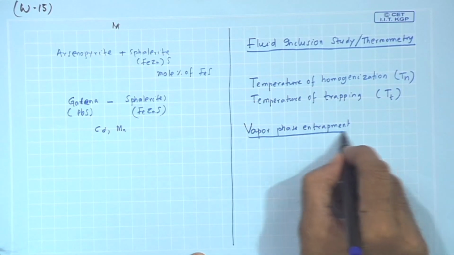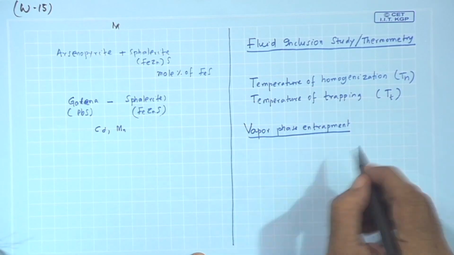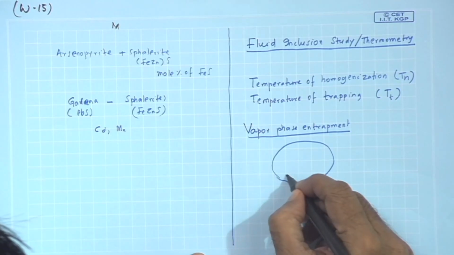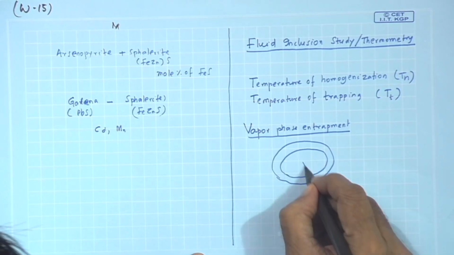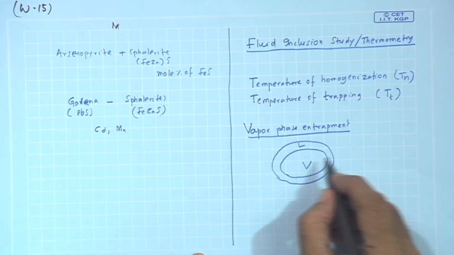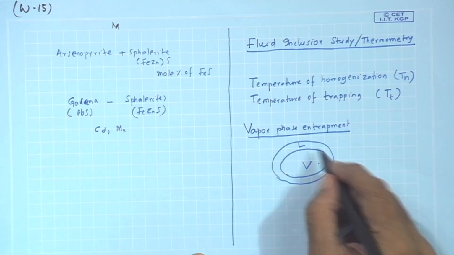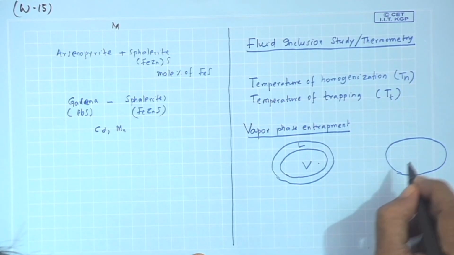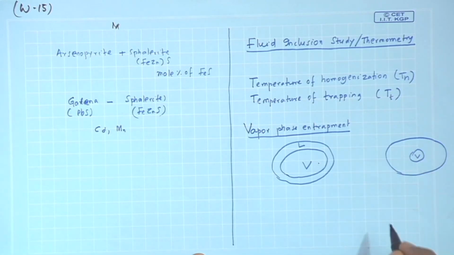entrapment, then we will only be getting an inclusion where we will be getting a large vapor bubble as compared to a liquid phase entrapment, when we get a small vapor bubble.